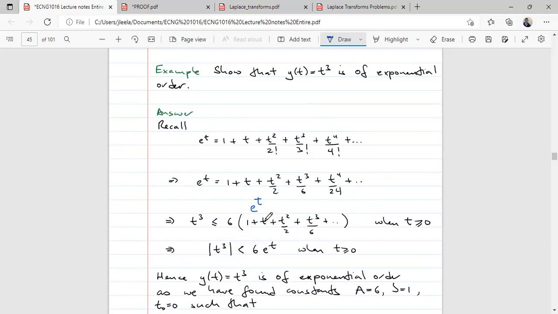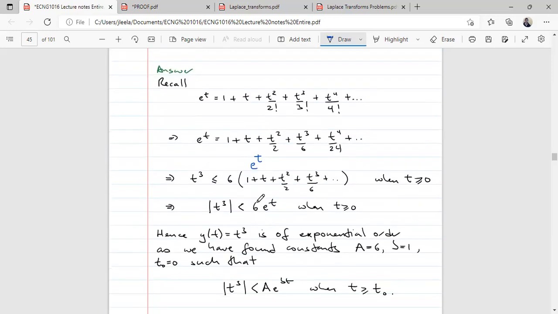You'll get 6 plus 6t plus 3t squared, and you'll get a term in t to the power 4 and so on. So obviously this on the left will be less than or equal to this on the right here. In fact, it will be really less than whatever you get on the right. So we say that the absolute value of t cubed is less than 6 e to the t, when t is greater than or equal to 0. So basically we have found our constants.